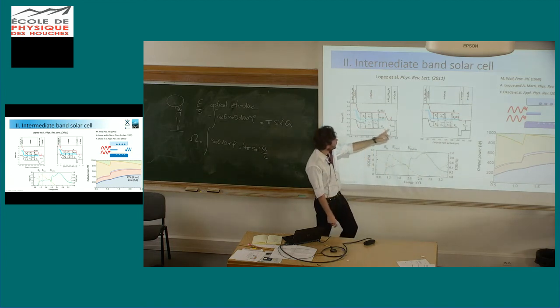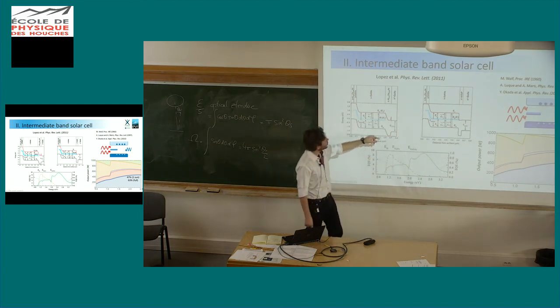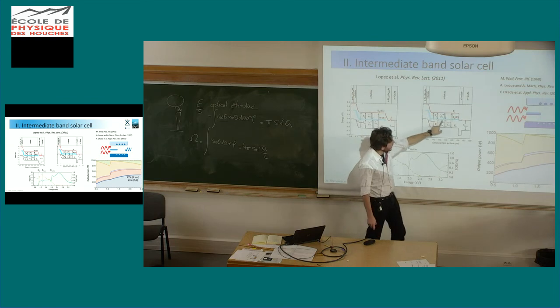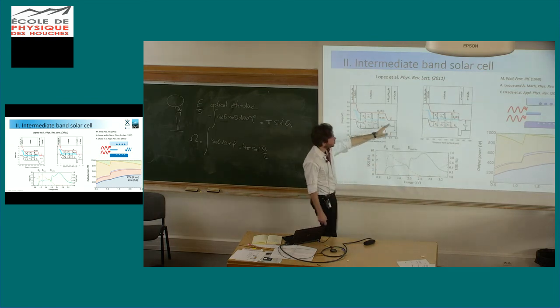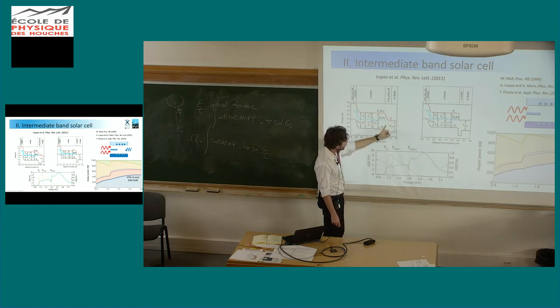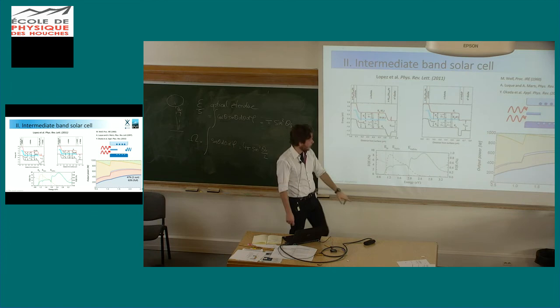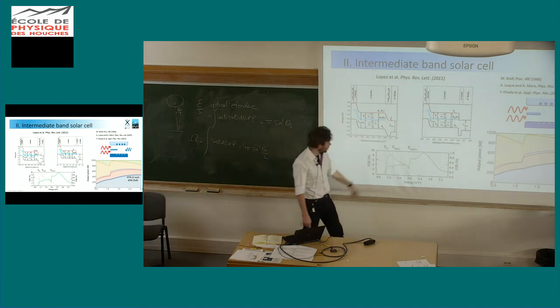And these two structures here show one structure where the intermediate band is connected to the outer world, and one structure where they managed to cut this band and make it independent from the outer world. And this you see here on the EQE measurement.